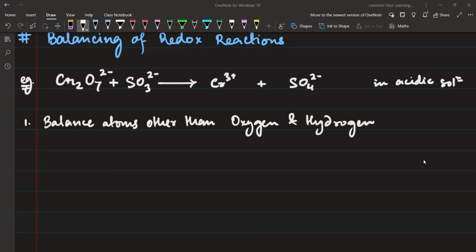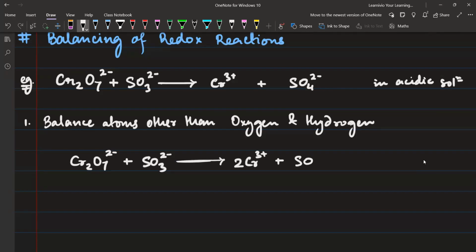So here you can see that here we have 2 chromium, and here we only have 1 chromium. Here we have 1 sulfur, 1 sulfur. So you have to multiply chromium by 2. So it is basically now Cr2O7 2 negative plus SO3 2 negative gives 2 Cr3 positive plus SO4 2 negative.